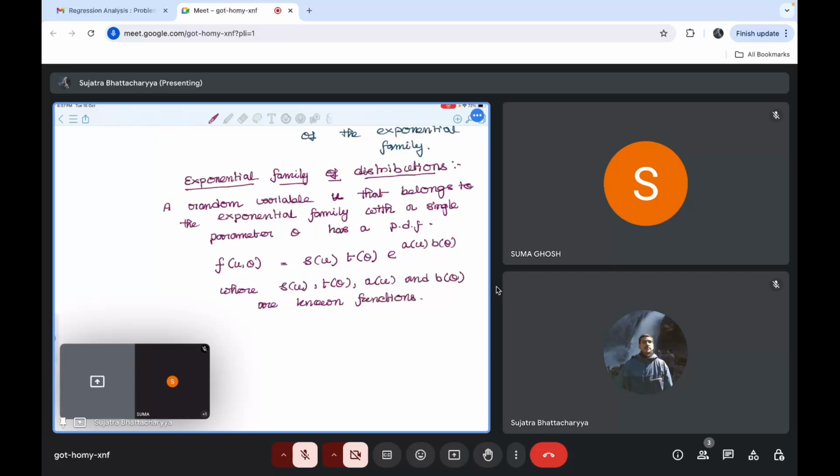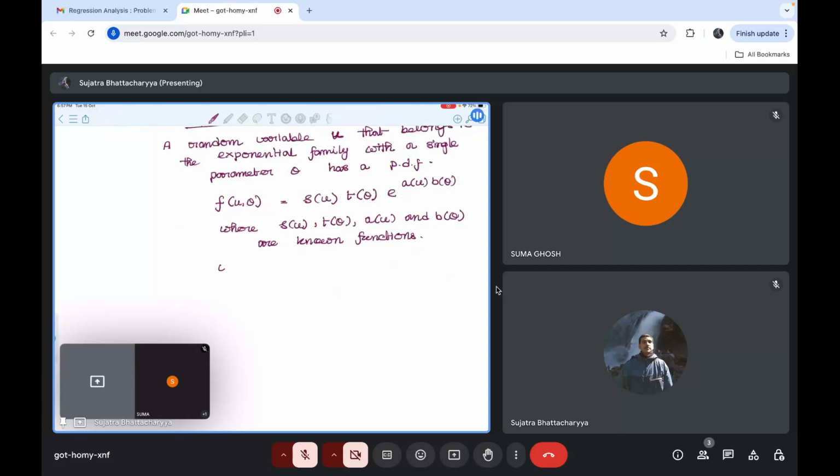Okay, these are known functions. So we can rewrite the above PDF, f of u comma theta, as exponential of a of u times b of theta plus some d function of u plus some c function of theta. Can we write this easily? Because we are generalizing it. If you take the exponential outside, you can take the log of s of u and write it like this.